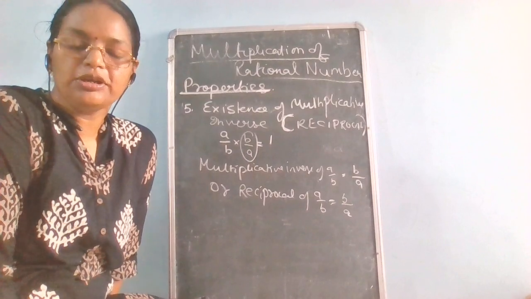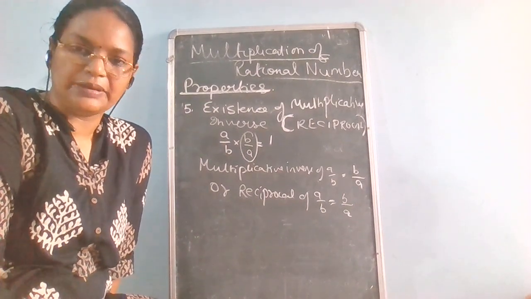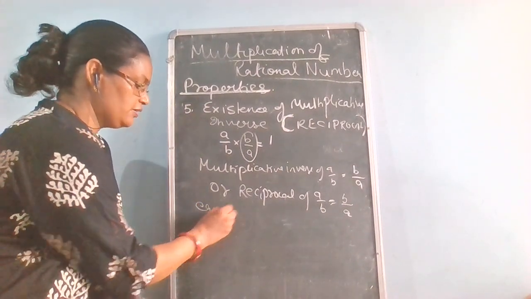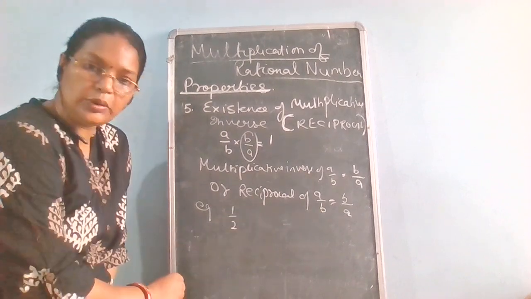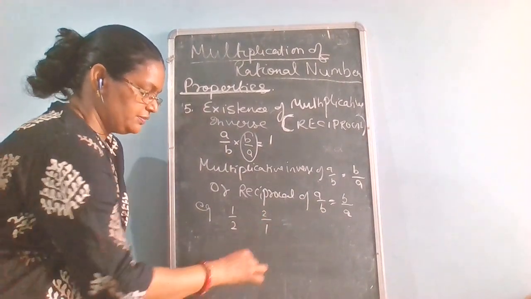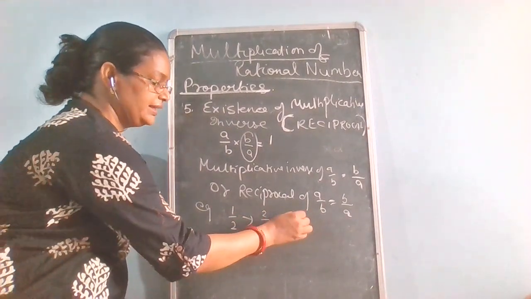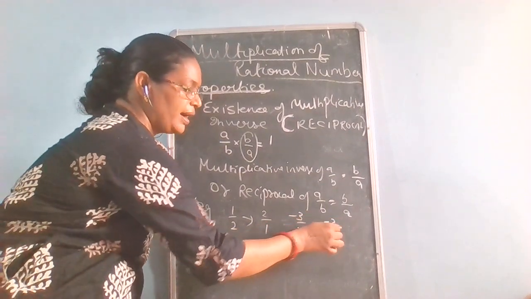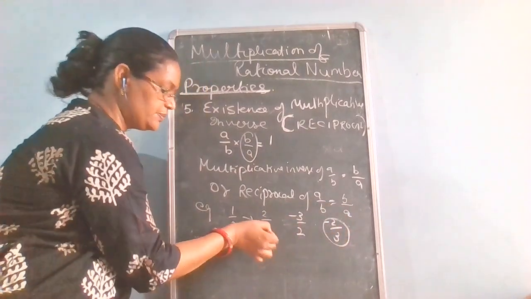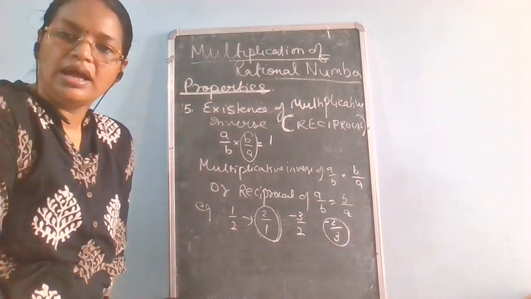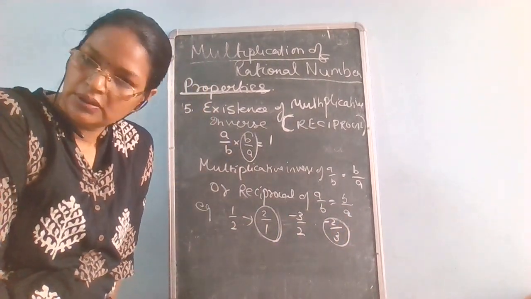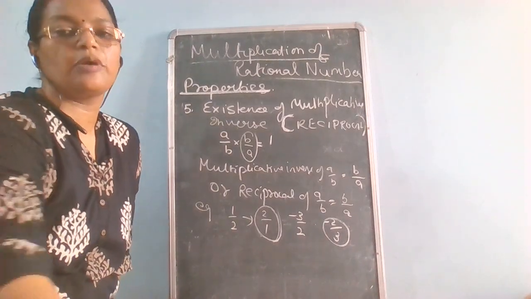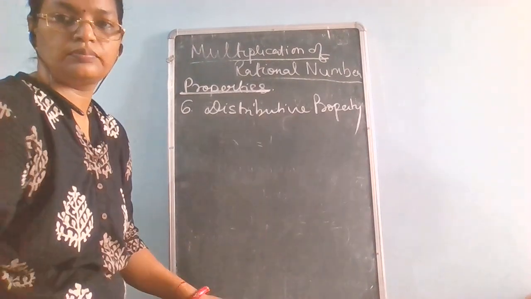So reciprocal of a by b is b by a. Example, 1 by 2 reciprocal, 2 by 1. Minus 3 by 2 reciprocal, you will write in the standard form only, minus 2 by 3. So this is reciprocal, and so on.